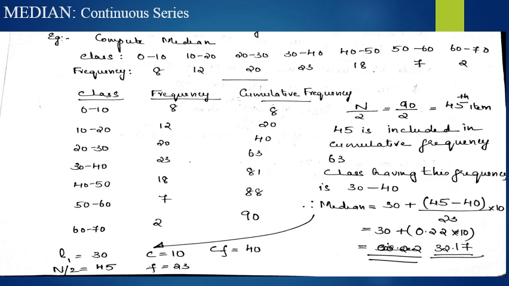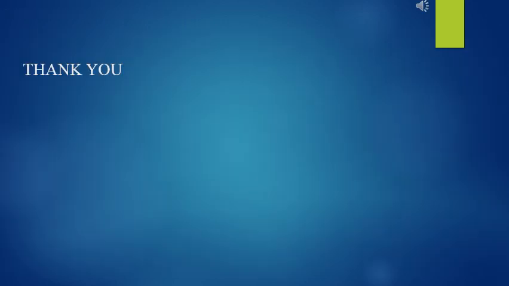So in this session we have found different methods to calculate the median. So first is individual series, median for individual series. It is n plus 1 by 2 th item. So you have a different method for even and you have a different method for odd, if n is even or odd.